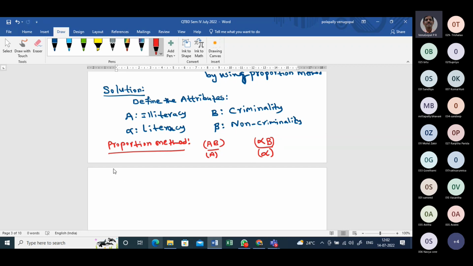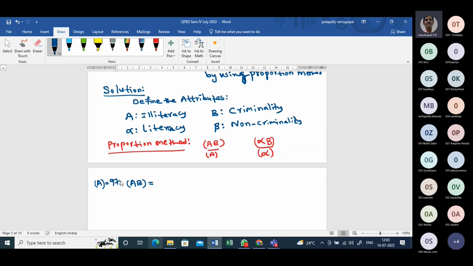Okay. So using this notation, can you please help me in writing how much is given as AB in the problem? How much is A in the problem? Illiterates, how many? 975.